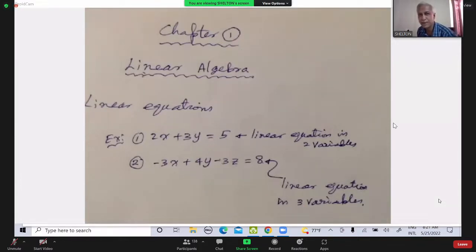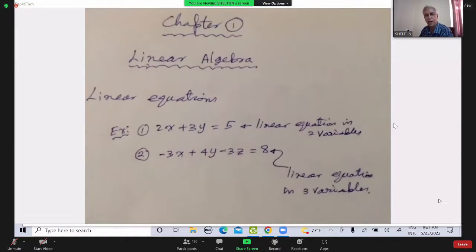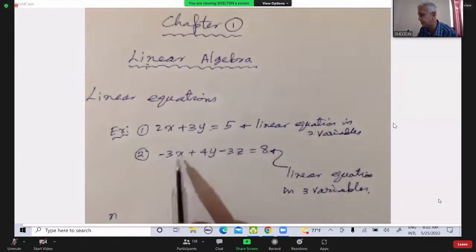If there are 3 million variables, it will be very difficult to keep track of the letters, and all the alphabets put together would not give us enough symbols to represent that many variables. So first we have to come up with a notation. How do we represent n variables? 2 variables are x, y, 3 variables are x, y, z. How about n variables? Variables are quantities to be found.